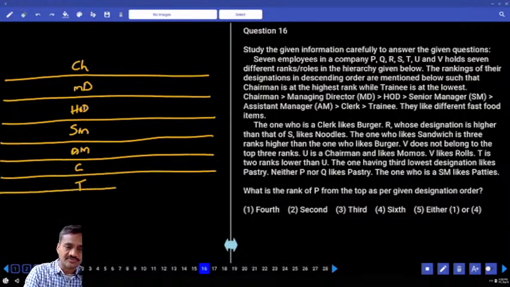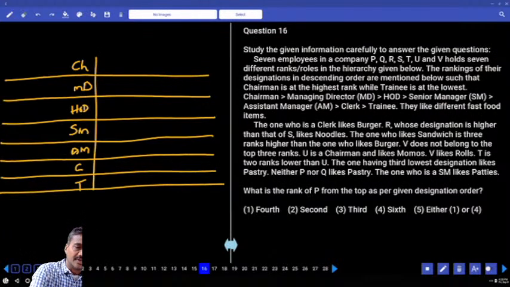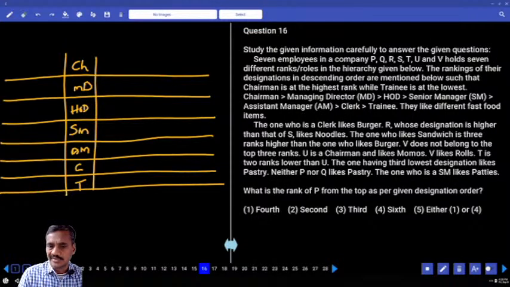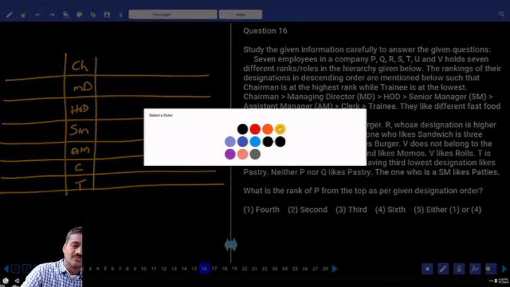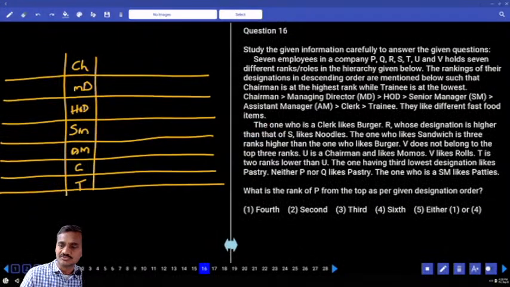Now these are the 7 employees we have, and we need to identify the persons, and they like different fast food items. One more parameter is added to this one, fast food item. And the one who is a clerk likes burger. Okay, now this person likes burger.